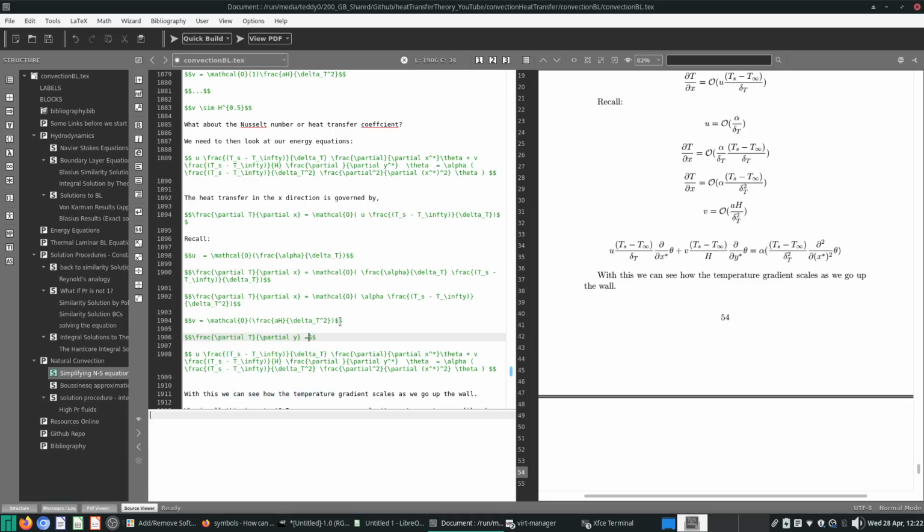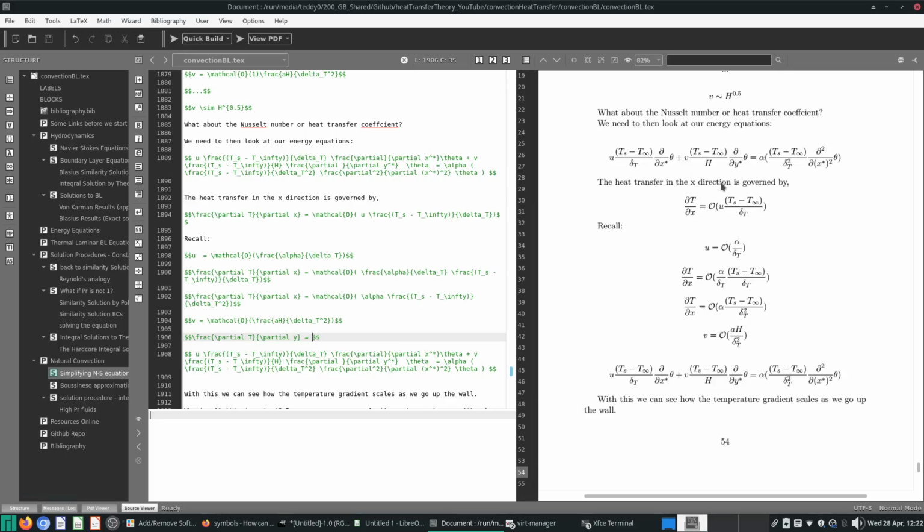That will scale as V over H. Let me copy and paste it here.